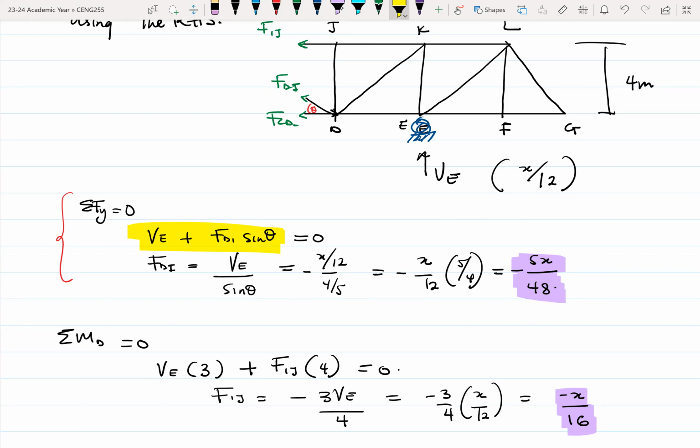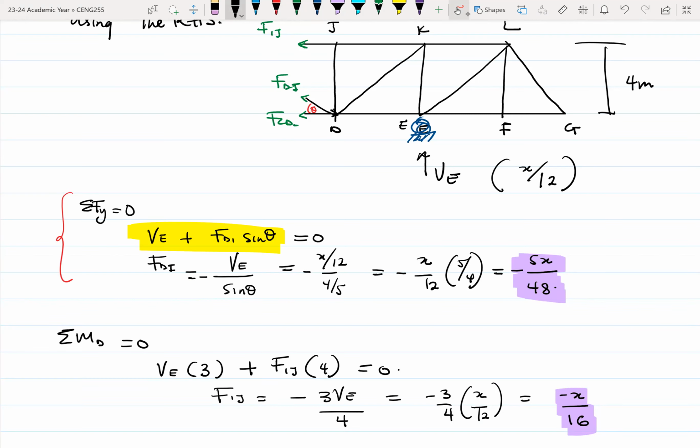Okay. So we count VE plus FDI sine theta equals 0, summing vertical forces. And here I make FDI the subject. Okay. So FDI, sorry, there should be a negative over here. So FDI will be minus VE over sine theta. All right. VE is x over 12.